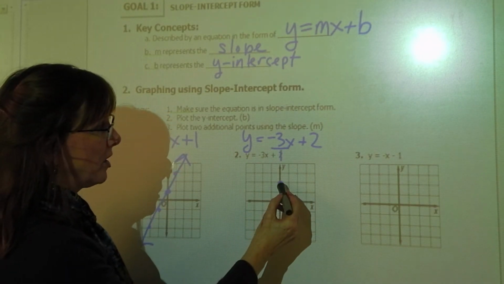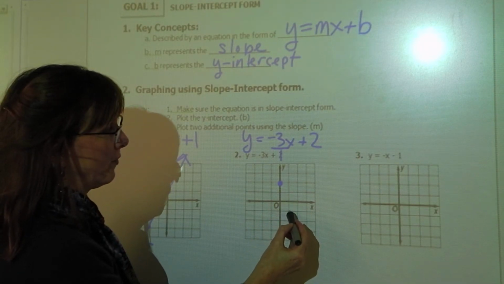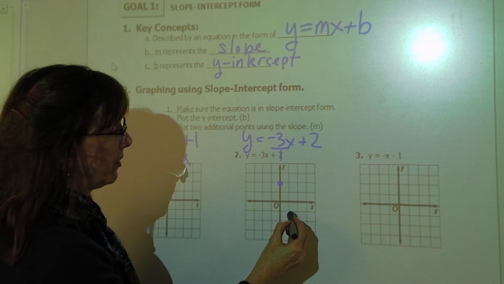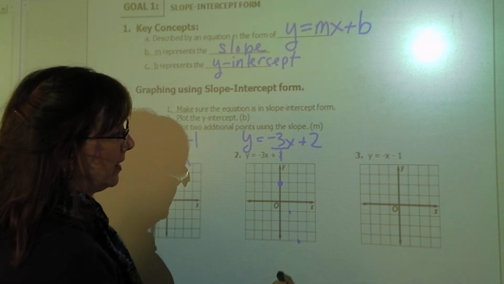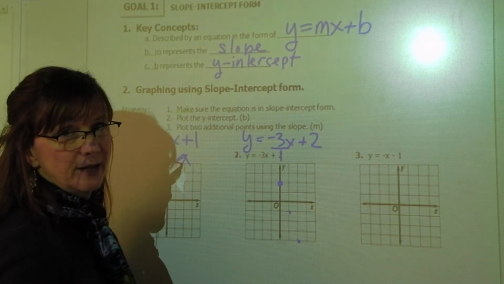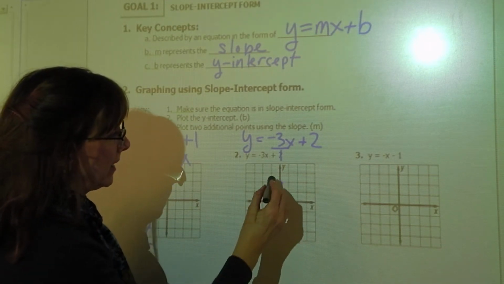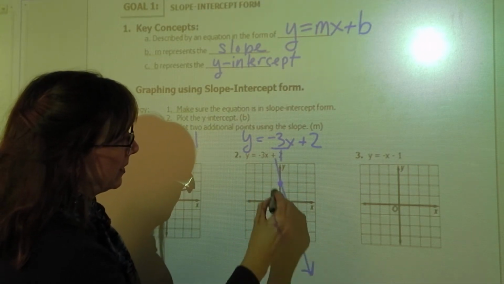From here, because it's negative, we're going to go down 3 and over 1. The positive 1 means you're moving 1 to the right. So down 3, 1 to the right. Again, you could also go up 3 and 1 to the left. That would also work. And when you connect your points, you end up with a straight line.